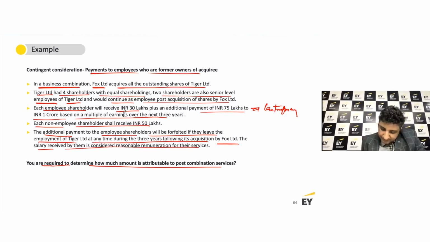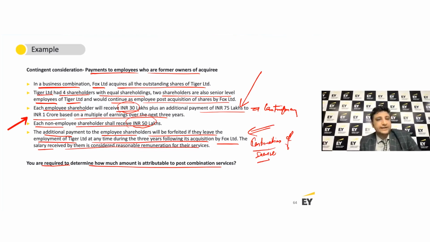So when you look at these aspects of 30 lakh rupees, for example, right, or 50 lakh rupees, they would be essentially falling within the gamut of, for example, your purchase consideration. But as far as the amounts of 75 lakh rupees or 1 crore rupees, depending on the earnings, are concerned, they rely on the continuation of service by those two employee directors, right?